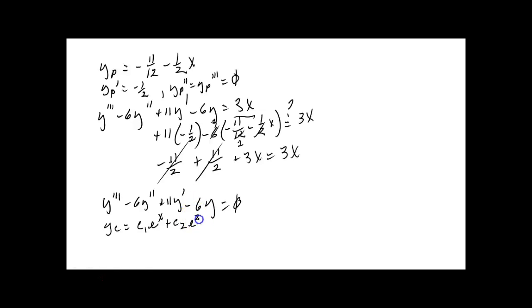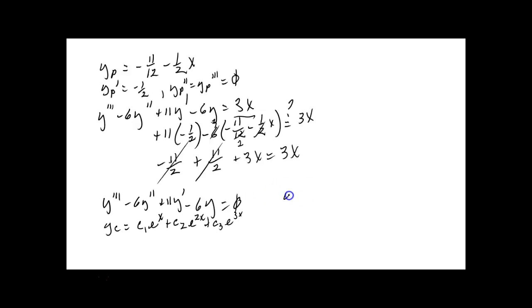Yep. Plus C3 e to the 3x. Okay? That will be your complementary solution. Now, you can do the same thing we did before. You don't have to, because we've already shown this is true, but you can take those derivatives if you want to. The first, the second, and the third derivative. Put them all together, and you'll find out that does come out correctly.